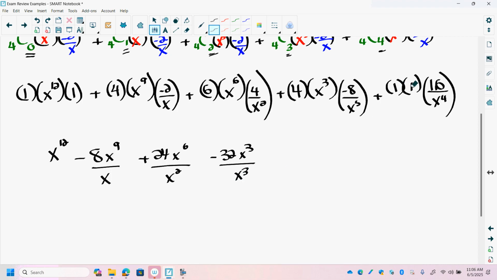And finally, 1 times 16 is 16. 1 times x to the fourth, x to the fourth.